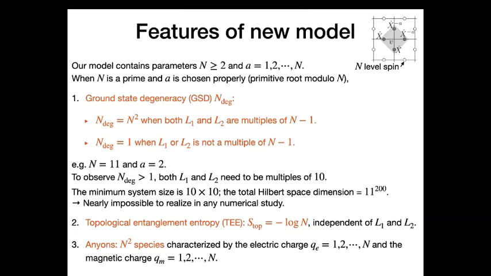And I don't know how to take it smoothly and continuously. There's one way to say that this system has UV-IR mixing. There are some properties where you cannot separate the UV from the IR. So that's why the system size matters.